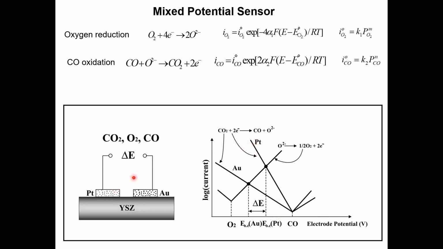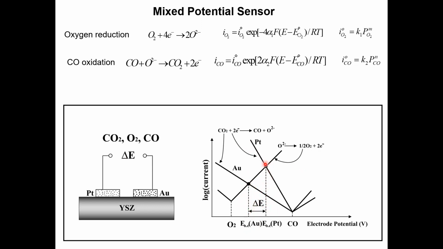So depending on the oxidation reaction rate, the slope of that curve will change. And that will change the magnitude of delta E, the signal that you're measuring. So you can modulate the signal to increase or decrease the sensitivity.